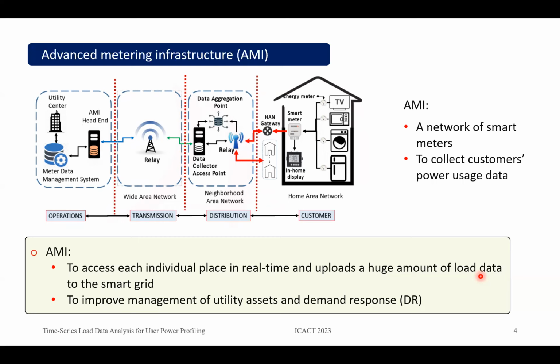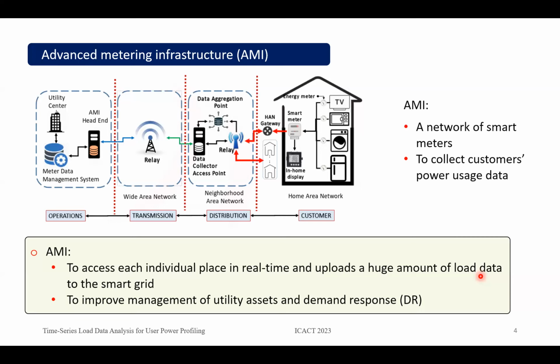Normally, on the customer side, to monitor users' power consumption and measure the level of load data, we use a special infrastructure called advanced metering infrastructure, AMI. AMI is a network of smart devices or smart meters, and those meters collect users' power usage automatically during the measurement period.